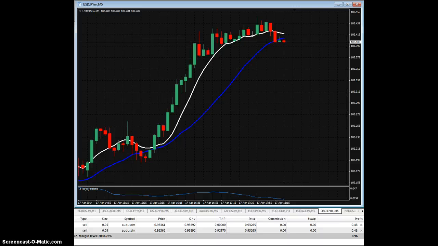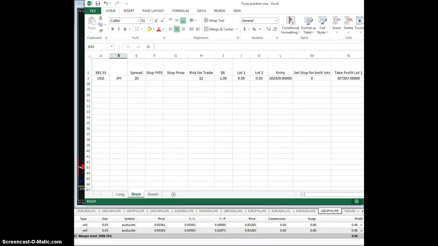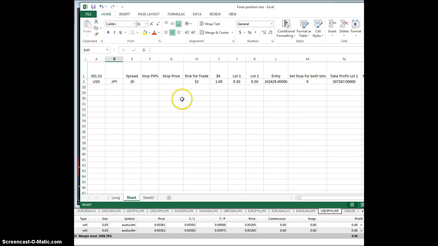And then I go to my Forex position sizer, which is this here. I put in the numbers that I just wrote down, which was this, and then the price, and then the price that I want to get out.